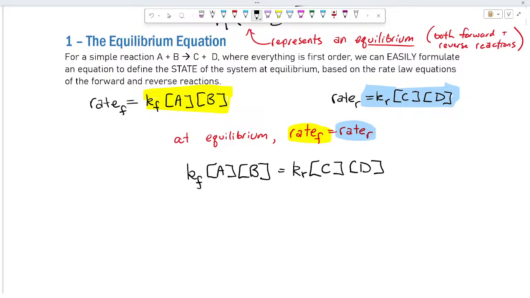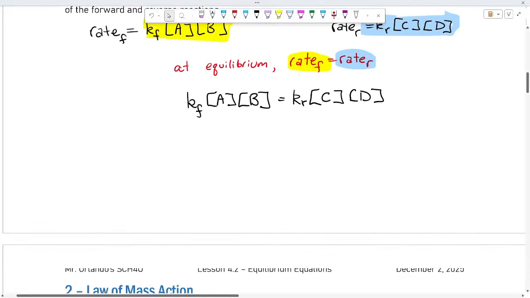Very good. Now, we could arrange this a million different ways, but by convention, we're going to put all of our concentrations on the right and all of our constants on the left. What would I have to move to do that? I'm going to put my kr on the left, and to do that, I have to do what?